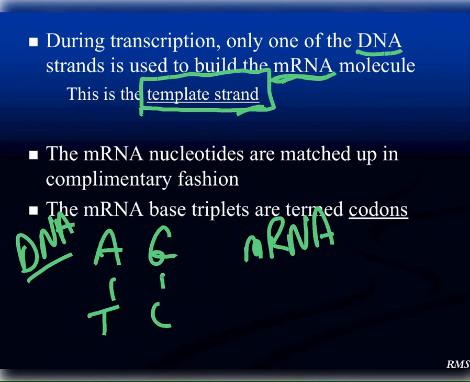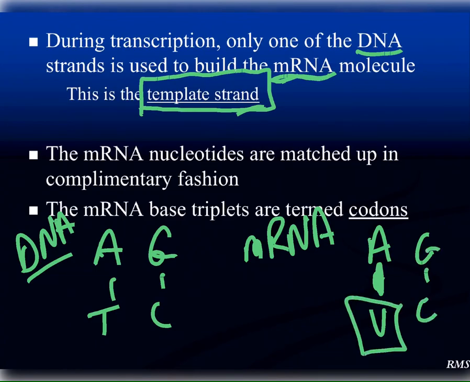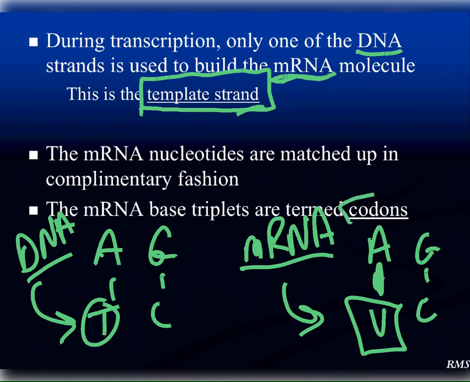If you have an A, you're going to go with a U. There's a difference. If you have a G, you're going to go with a C, because remember, in mRNA there are no T's, so you have to use a uracil instead. The T's are found in the DNA. So I'm going to show you some examples of this. But once again, here's that term codon. Codon is the group of 3 that you read in the RNA. Triplets are the groups of 3 that you read in DNA.